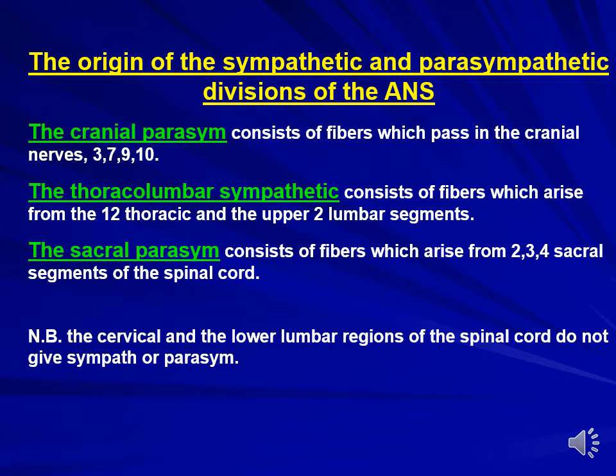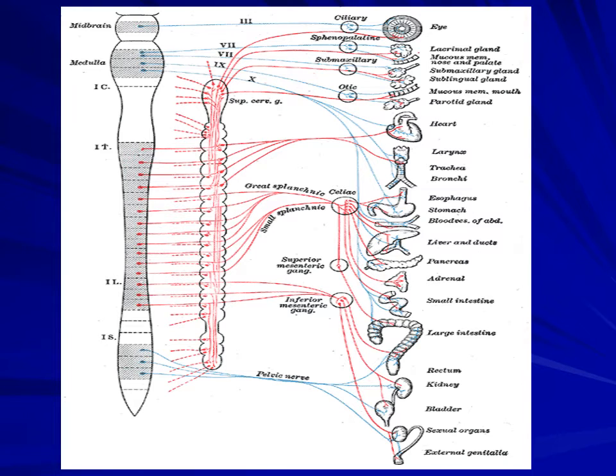And here we can say that the cervical part of the spinal cord, in addition to the lower lumbar segments of the spinal cord, are not related to the autonomic nerve. So here we have the cranial nerves 3, 7, 9, and 10.